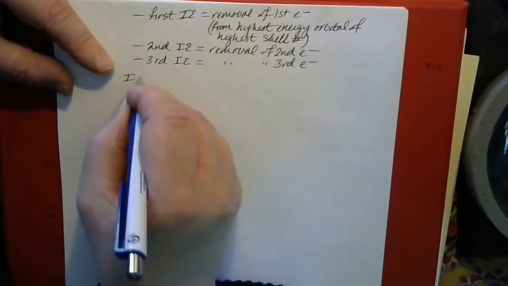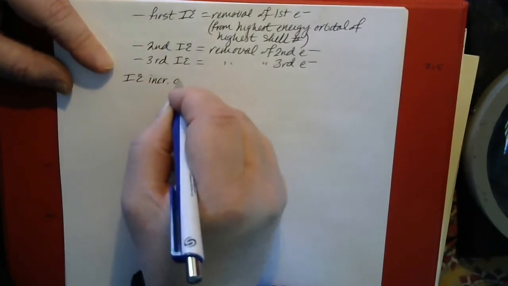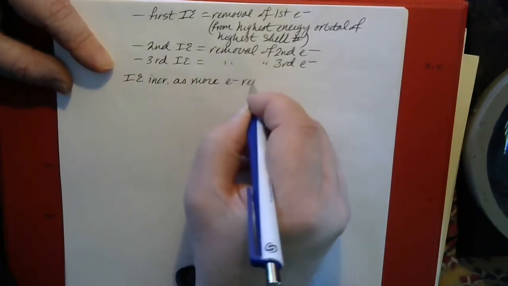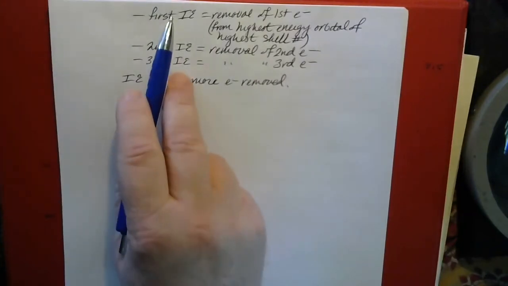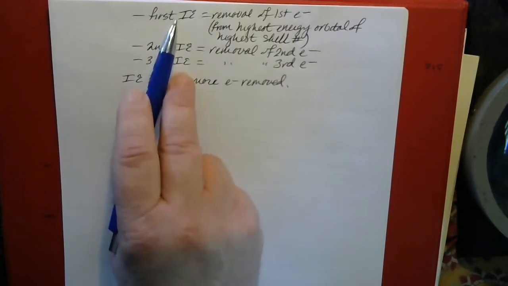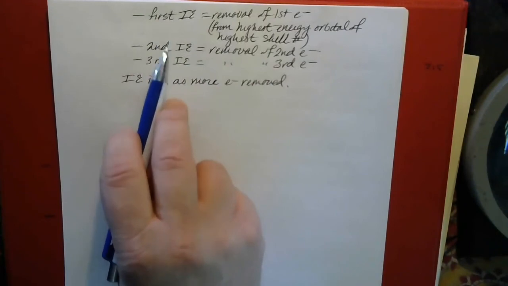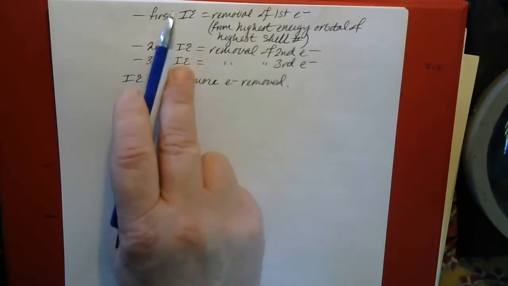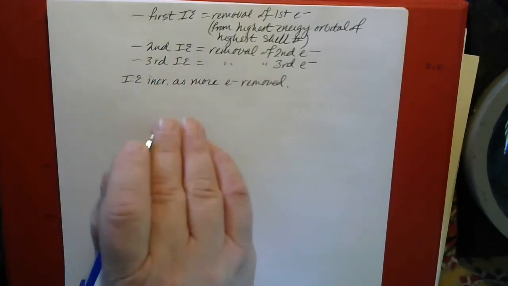Basically, the ionization energy increases as more electrons are removed. So the second ionization energy is bigger than the first ionization energy, and that goes for any element, metal or non-metal. The third ionization energy will be bigger than the second and much bigger than the first. And again, that goes for any element.